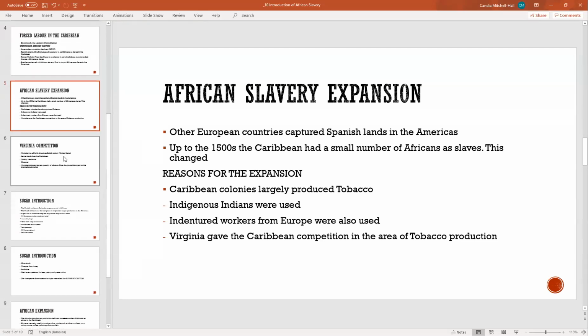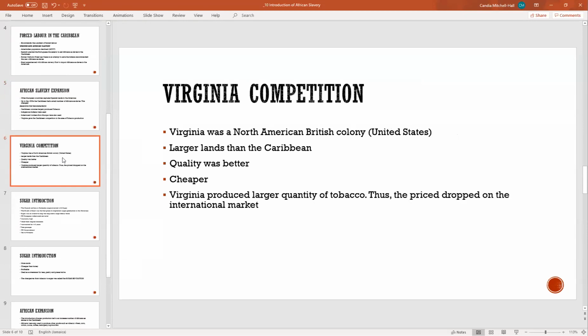Virginia is going to give the Caribbean colonies serious competition. Virginia is located in North America. It was a British colony. It had quite a lot of land.